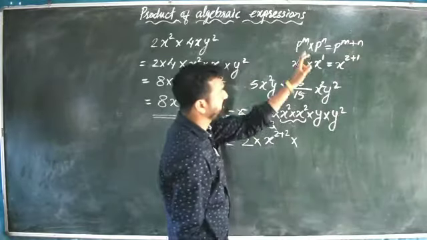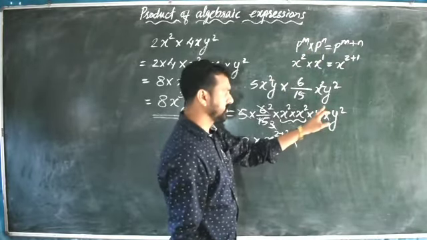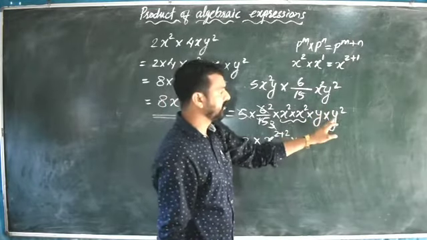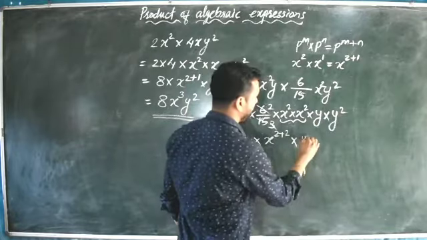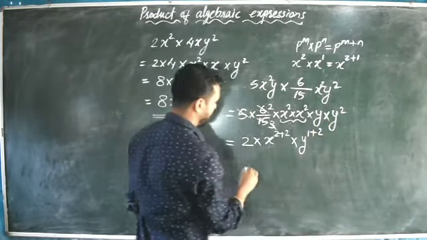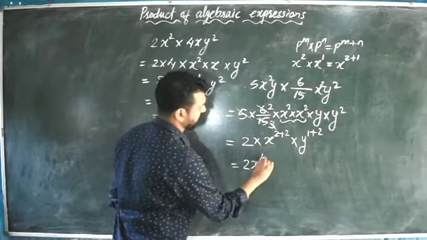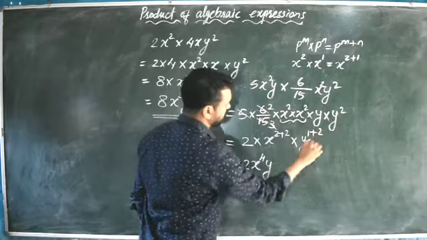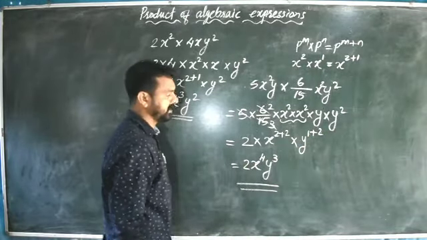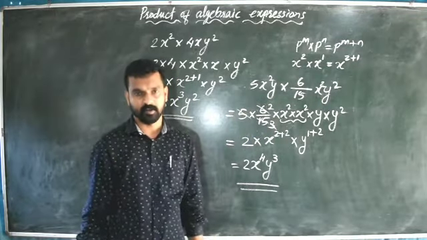It is also in the form p raised to m into p raised to n: y raised to 1, since if there is no power, its power is 1, and y raised to 2, that is y raised to 1 plus 2. So that is equal to 2 into x raised to 2 plus 2, that is 4, y raised to 1 plus 2, that is 3. So 2x raised to 4 y raised to 3 is the answer. This way we will multiply two monomials.